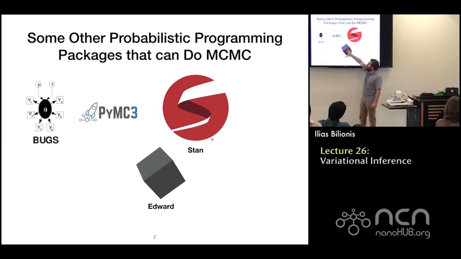This is useful if you want to do Bayesian inference on deep neural networks, because deep neural networks are typically defined using TensorFlow. But anyway, you don't really need to know all these. Some of them will be dead in a while anyway. PyMC3 is probably your best bet going forward.